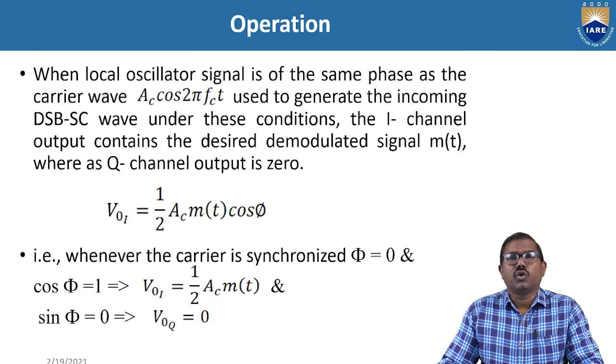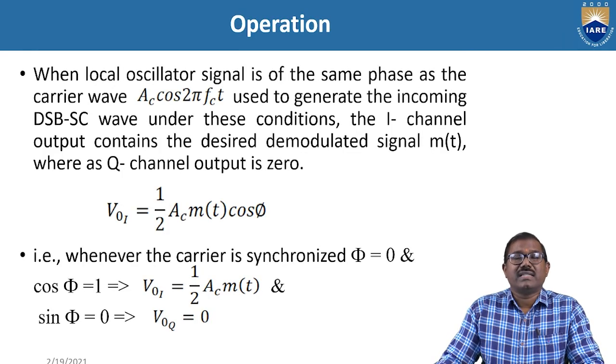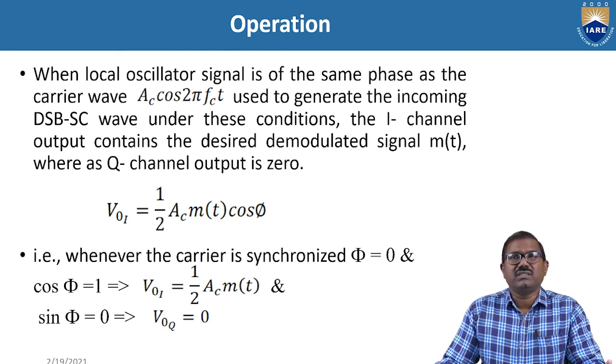At the output we also have V naught of Q, which is in terms of sin. But here phi is 0, and sin 0 is 0. So the output of the quadrature channel is simply 0. This is the working operation of the Costas loop.